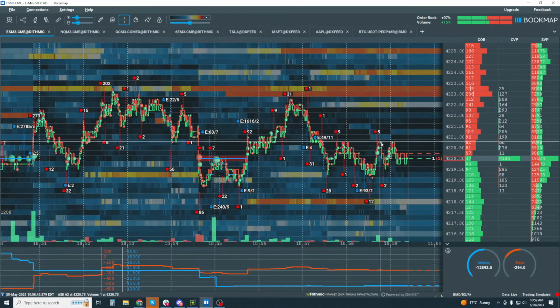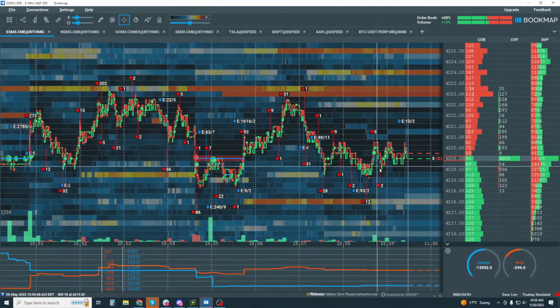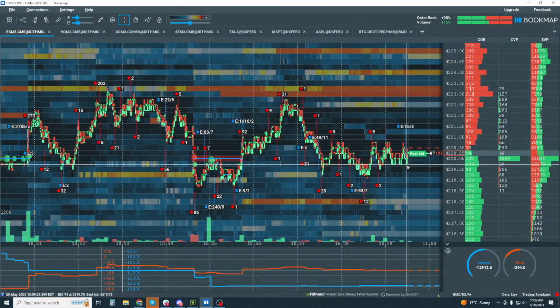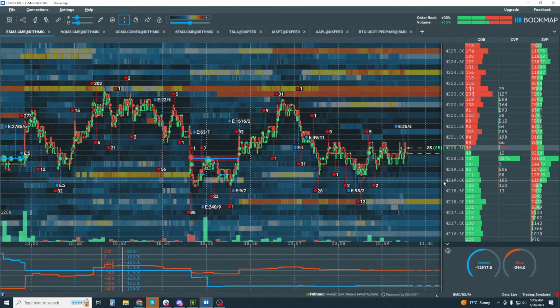All right, there's a bit of exhaustion on the buy side, but I just don't see any sellers here. We've got to get sellers here. We've got to get them. If we don't get them, we're not interested in this going lower.